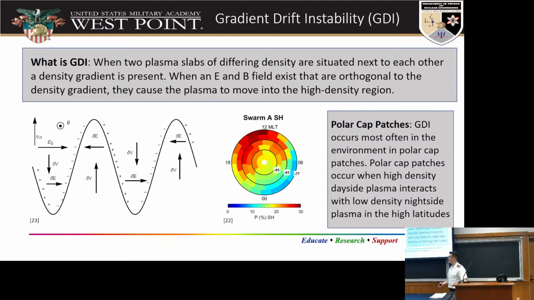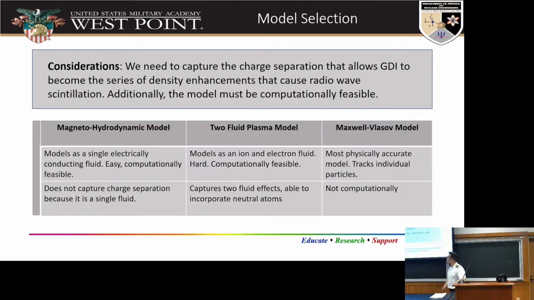Given a perturbation of that medium, the plasma becomes organized and locked into place using the E and the B fields. So this basically informed our initial value problem and some of the physical evolution of the system. So that's Swarm data from Poker Flat, I believe, and that's basically showing what Cadet Willis was showing with the day side and night side plasma densities and the lower and higher density plasmas.